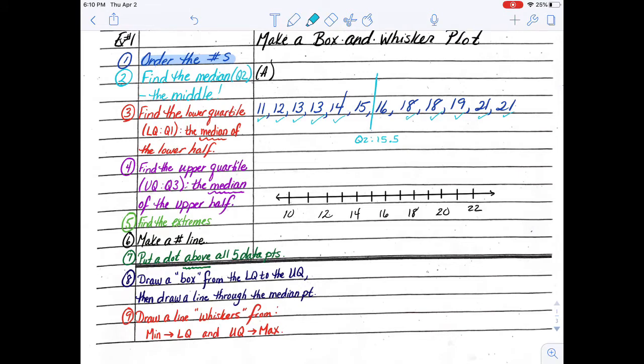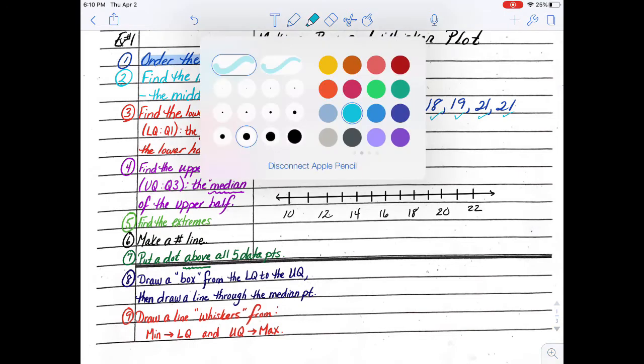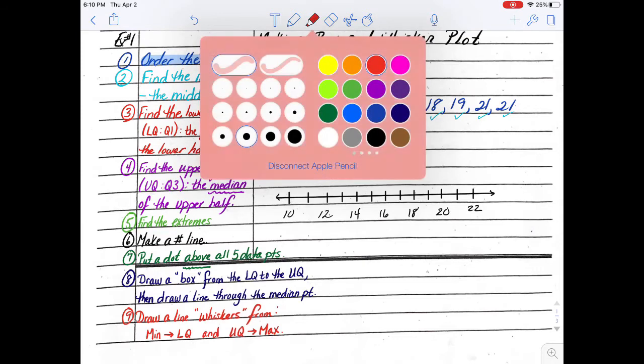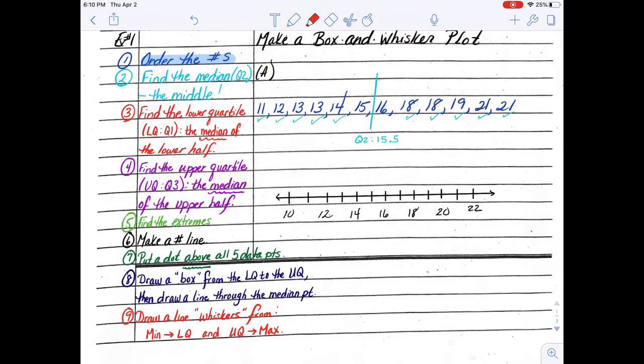Now looking at the next one, it says that we are going to go ahead and find the lower quartile. Now that lower quartile, I wrote it here, is actually the median of the lower half, which means I'm covering up that line I just made, my median.